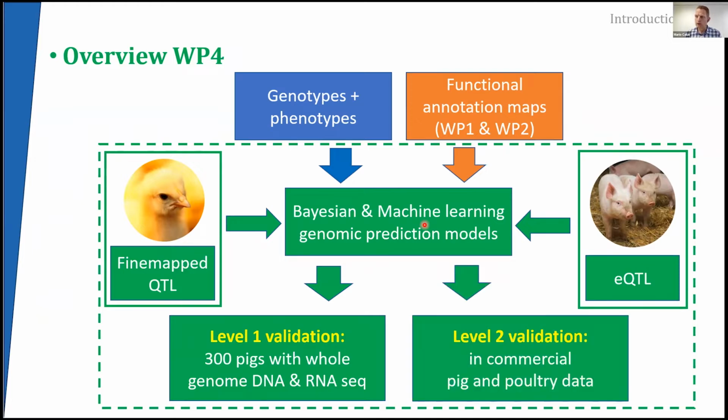And the level 2 validation involves using commercial data from pigs and poultry. I'll go into a bit more detail later, but there we have the traditional input to the genomic prediction model, and we're going to enrich that with the functional annotation to see if we can get higher prediction accuracies.